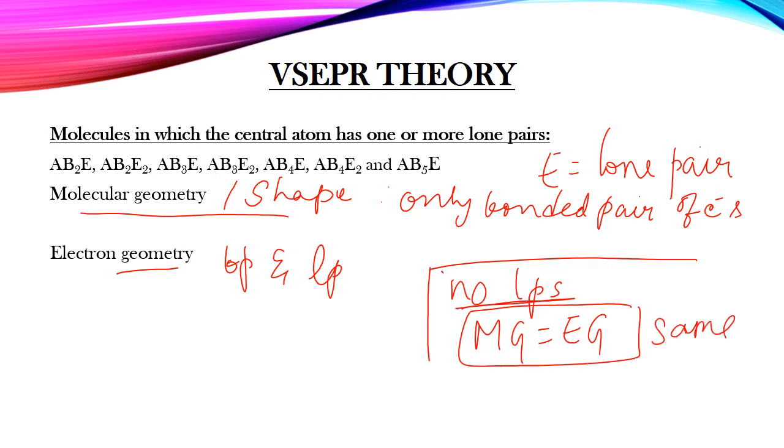Since there are no lone pairs, in both cases you will have only bonded pairs. Hence molecular geometry and electron geometry will be the same in molecules where there are no lone pairs. Now since we are studying molecules with lone pairs, we will have molecular geometry as well as electron geometry.